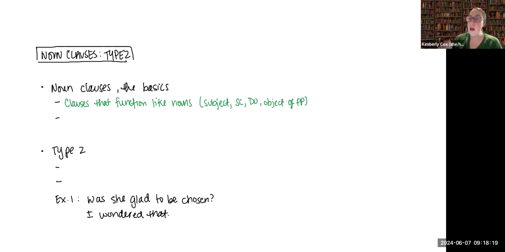Okay. The other thing when we're talking about noun clauses, so clauses that function like nouns in a sentence, is that they are essential for a grammatically complete sentence, right? So if we cross them out, the sentence will not make grammatical sense. So let's go ahead then and talk about this second type of noun clause that we have in English.